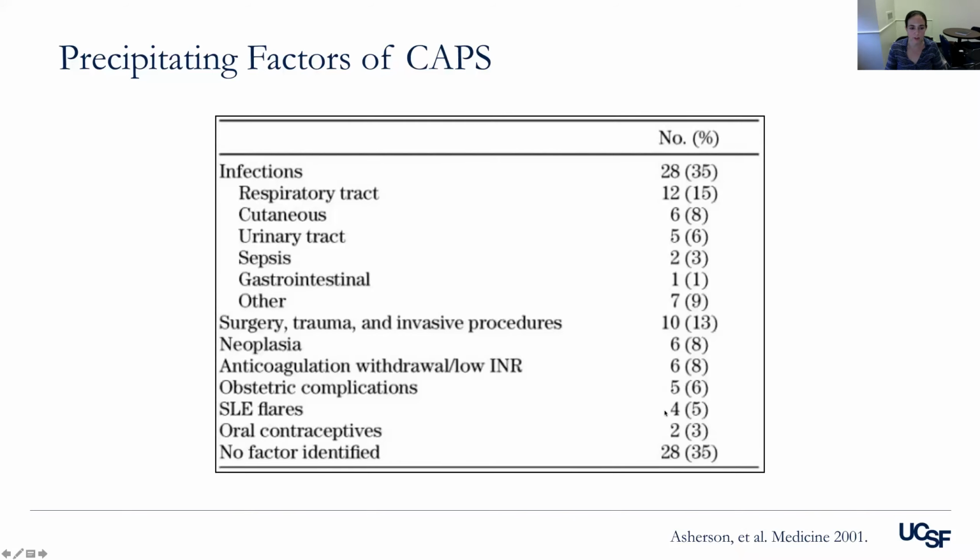Obstetric complications or pregnancy are also a known trigger, and then no factor is identified in about a third as well. So a smattering of different triggers here, but in many cases you still won't be able to identify a trigger.